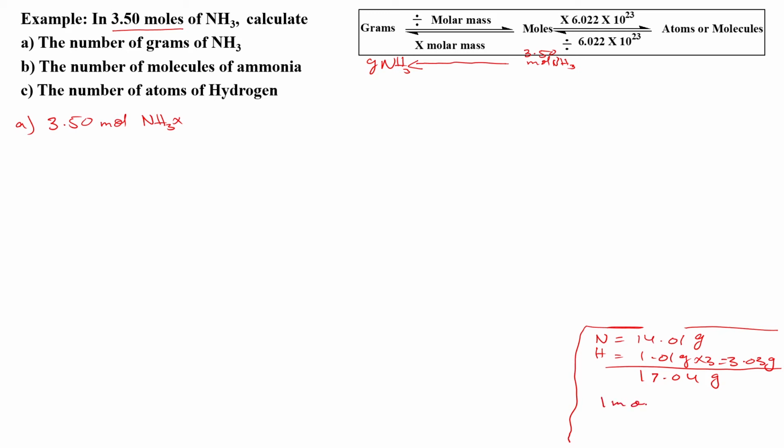When we make a conversion factor, it is 1 mole of ammonia is 17.04 grams of ammonia. Okay, we want to get rid of the mole, right? Moles of ammonia. So we will be writing 1 mole of ammonia in the denominator, and the numerator will be 17.04 grams of ammonia. So you cancel these, and when you multiply these two numbers, you will have your answer.